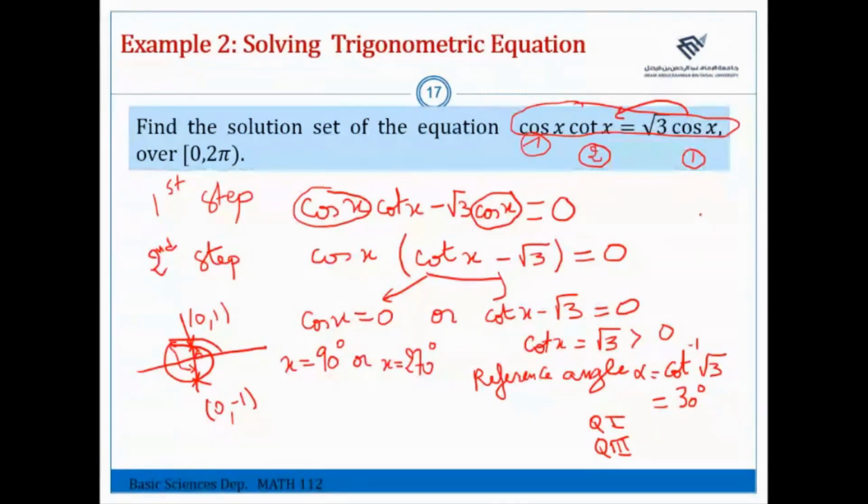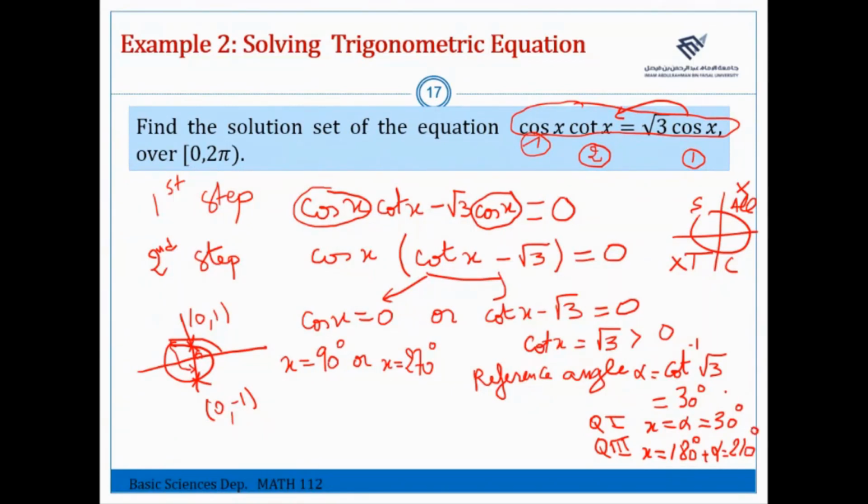We always have two quadrants, all S, T, C. So cotan is positive here and here. In Q1, x is alpha, which is 30. And in Q3, x is 180 plus alpha, which is 210.